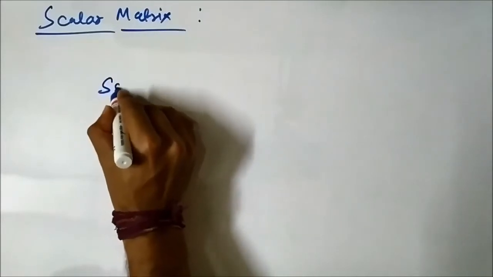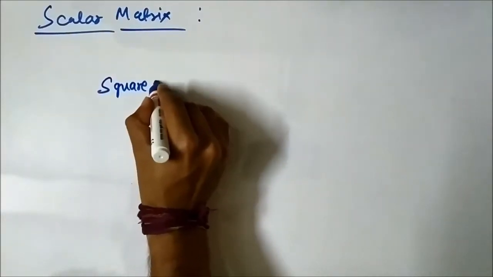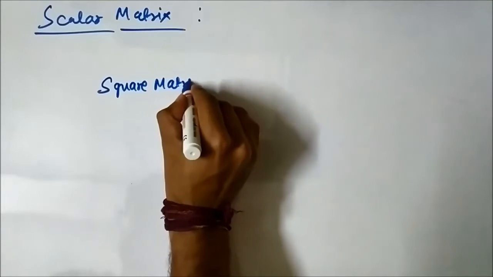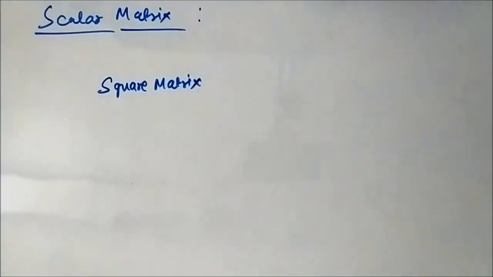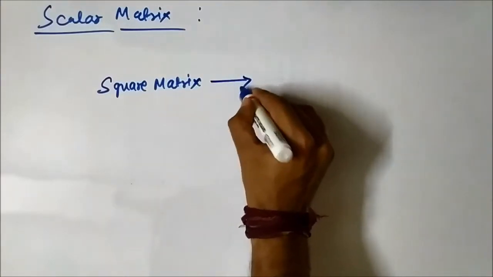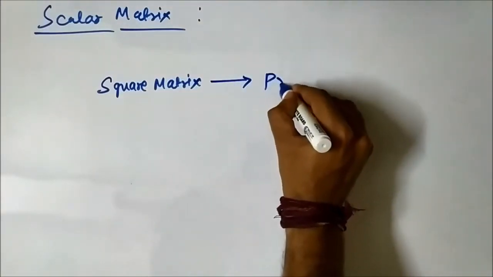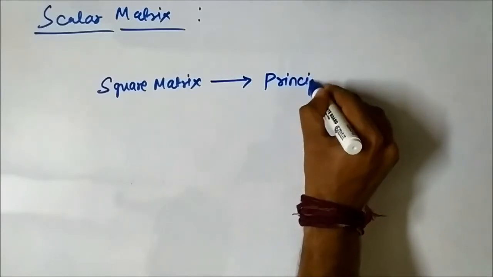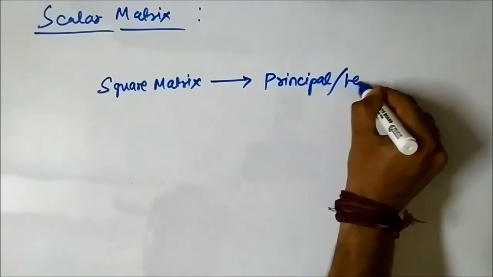So here we are going to discuss the next type of matrix, which is the scalar matrix. A scalar matrix is a square matrix, which means the number of rows is equal to the number of columns, with all the principal diagonal elements or leading diagonal elements being equal.